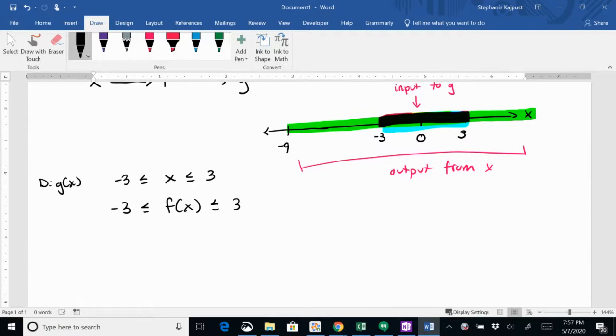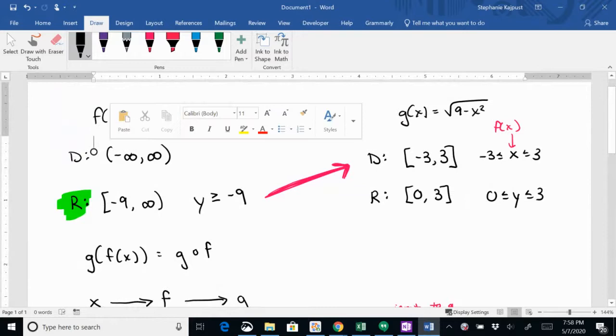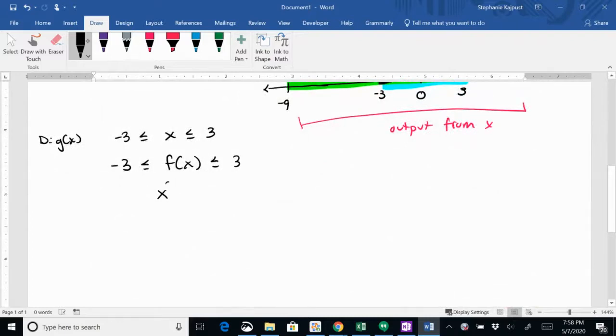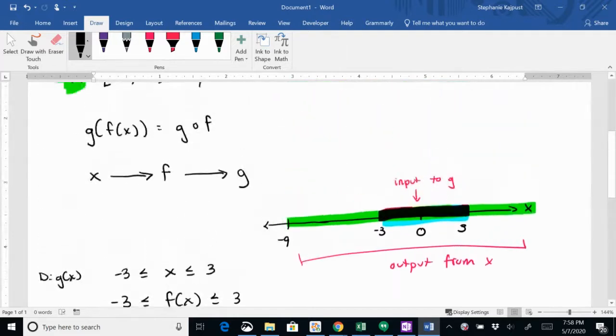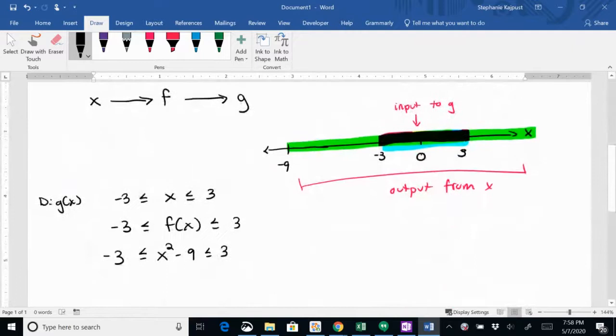Now I'm going to go back and replace f of x here with our x squared minus 9. And this will allow us to work backwards so that we can find out what values in the domain of f of x we're allowed to plug in. That will work its way through here and follow the chain so that it will eventually work out.